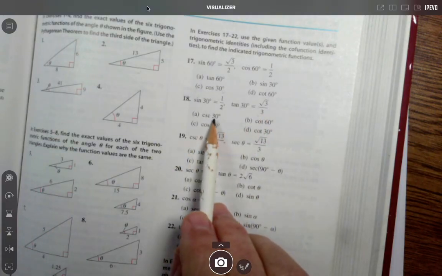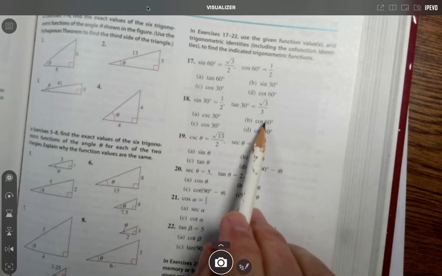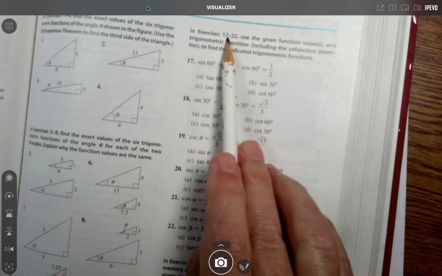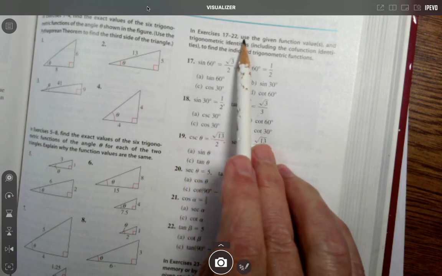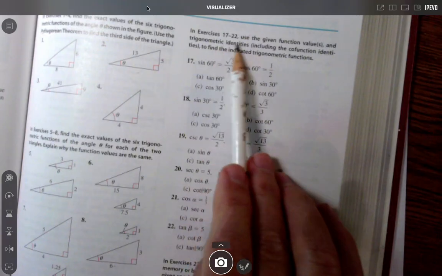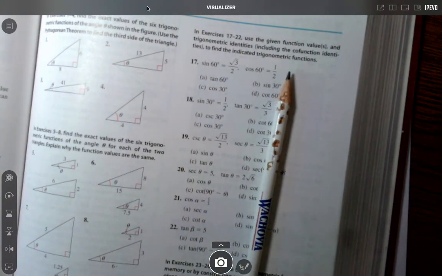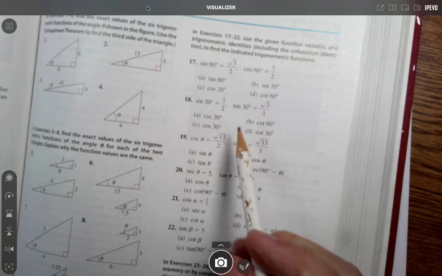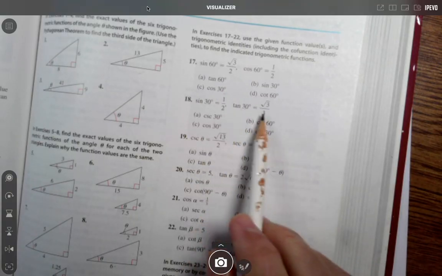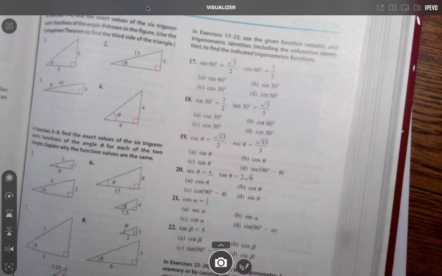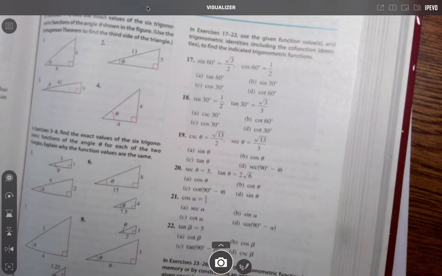And then they ask us to find these particular values. It says, in these exercises, use the given function values and trigonometric identities to find the indicated trig functions.